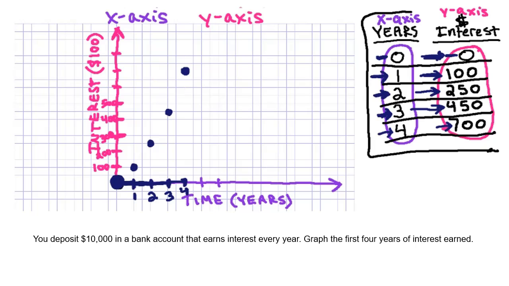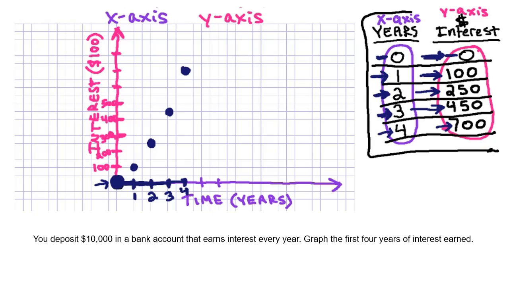So now we have plotted 5 dots. Don't forget the dot at the 0. There's the 0 right here. We have a dot at the 0, and then we have a dot at the 1 year mark for $100. We have a dot at the 2 year mark for $250. We have a dot at the 3 year mark for $450, and we have a dot at the 4 year mark for $700.